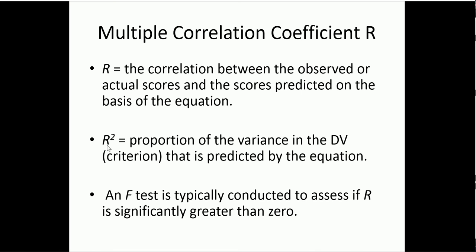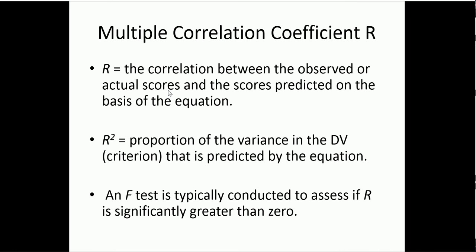Just like with Pearson's r, if you square big R, the multiple correlation coefficient, it will give you the proportion of shared variance, or in other words, the proportion of the variance in the DV, the dependent variable, or the criterion, that is predicted by the regression equation. So if you have an R squared value of 0.35, that means you predicted about 35% of the criterion.